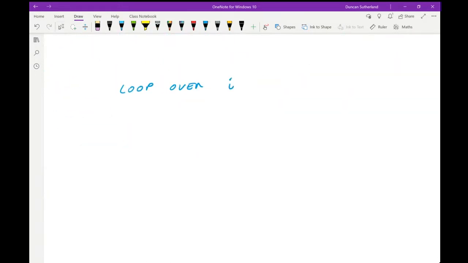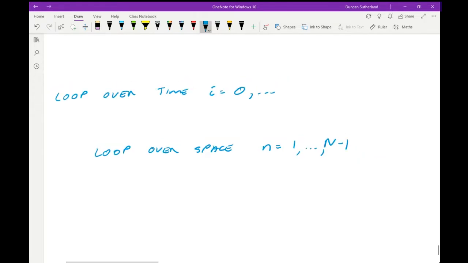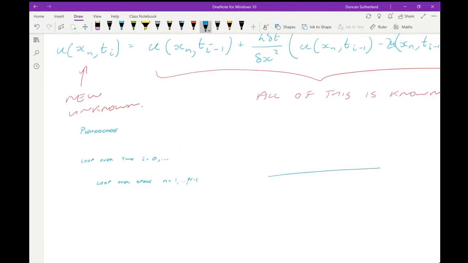So we loop over time. Inside that loop, we're going to have another loop over space, n equals 1 to capital N minus 1, right? So we're assuming we discretize our line from -L/2 to L/2 like that.